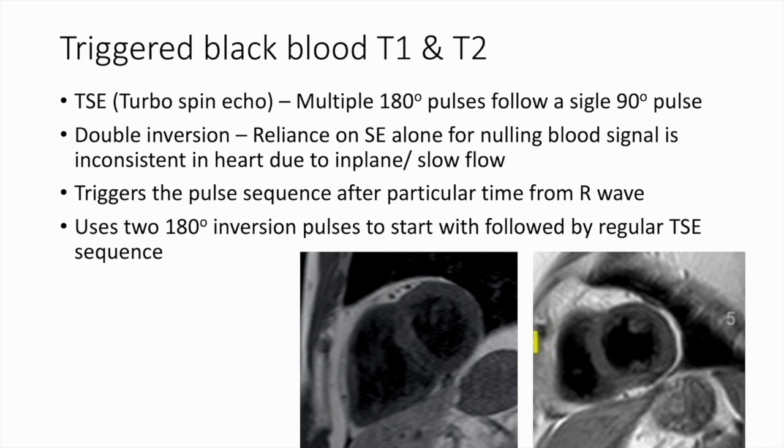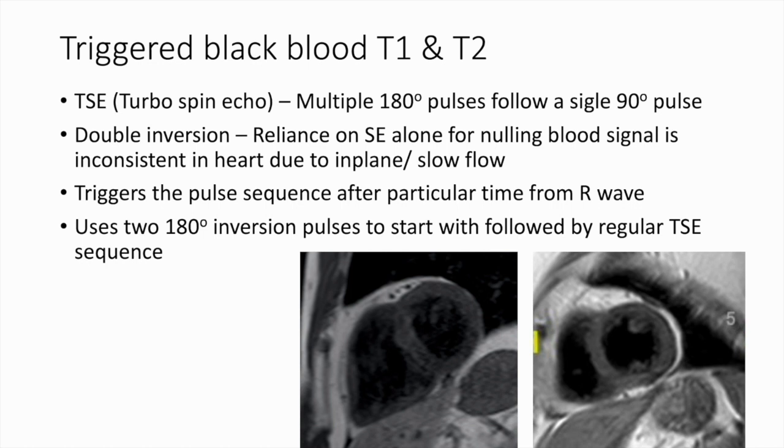The ECG-gated T1 and T2 black blood images are based on a turbo-spin echo sequence. The turbo-spin echo sequence consists of a single 90-degree RF pulse, which is followed by multiple 180-degree pulses.